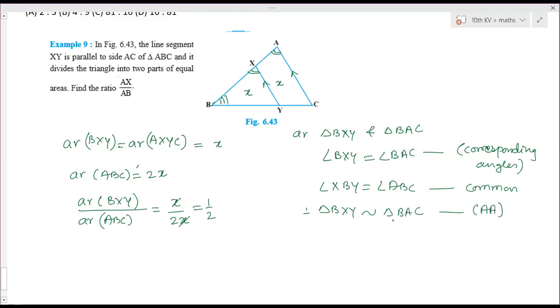Now if the two triangles are similar, we can take the ratio of areas. Area of BXY by area of BAC is equal to, you have to use the area theorem, BX by BA whole square.